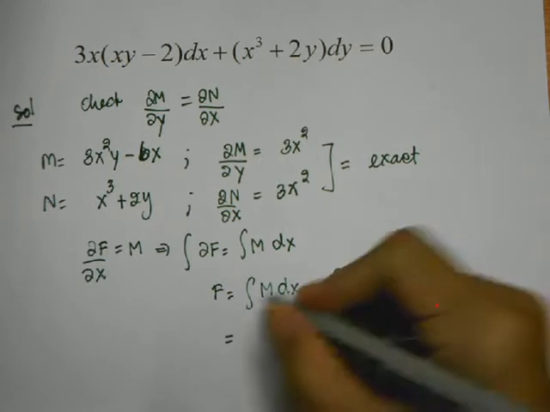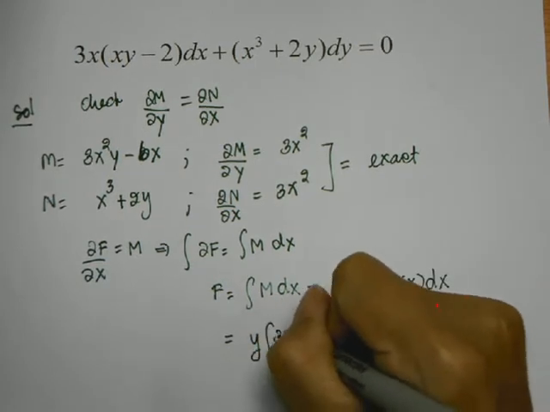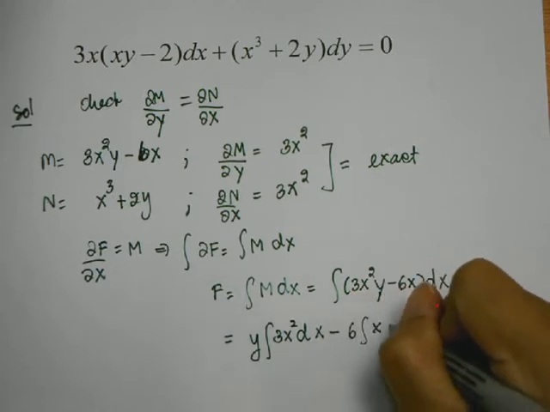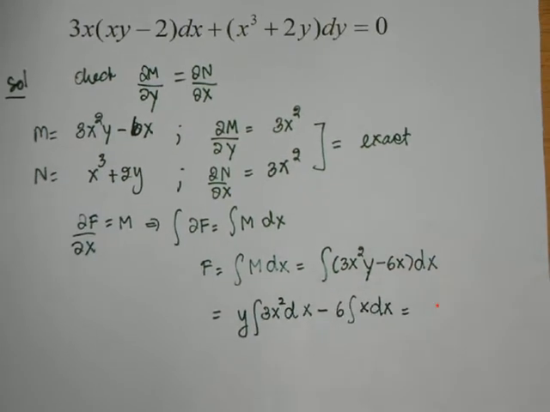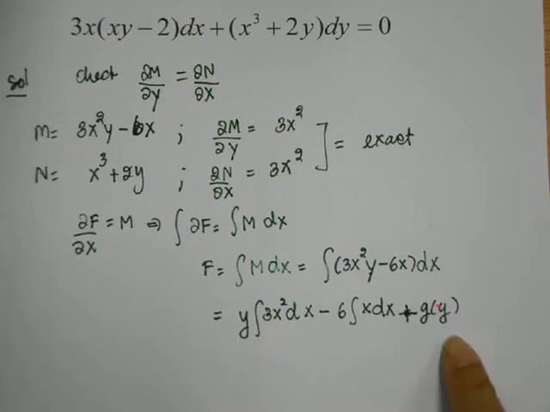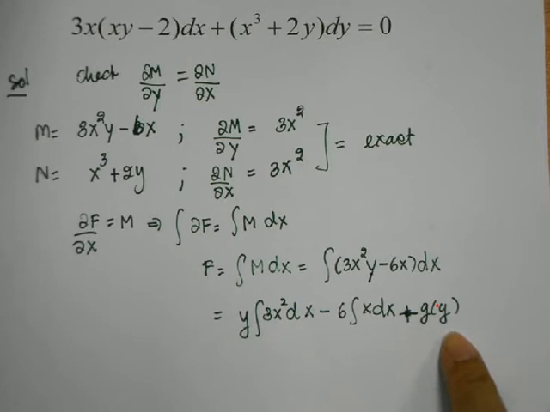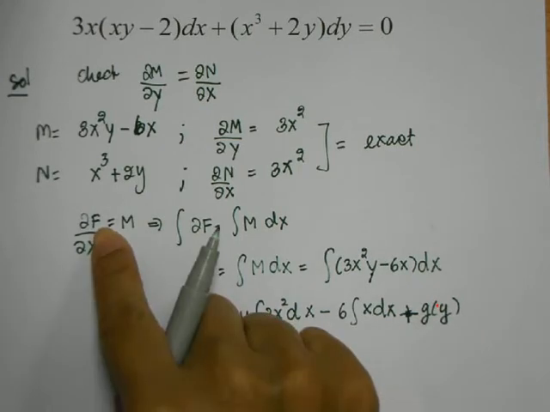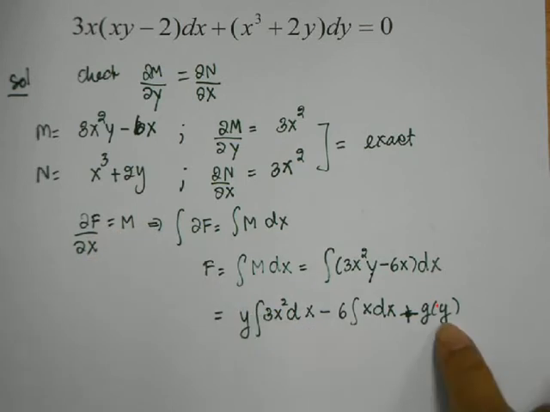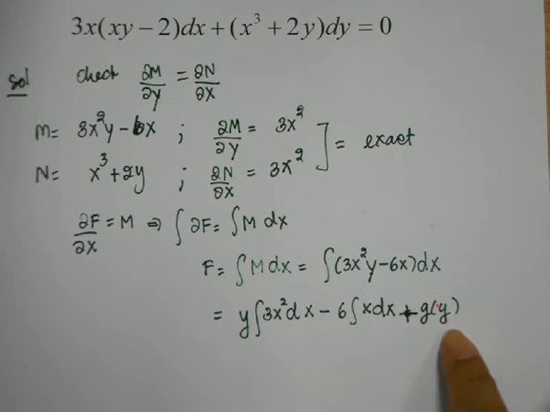Okay, so you would get something plus g(y). The thing is, we don't know what g(y) is, so we have to put it that way. To say that, okay, we know that if you differentiate this term, with respect to x, this term is 0. So when you integrate it back, it's got to be shown. But we don't know what it is. Okay?